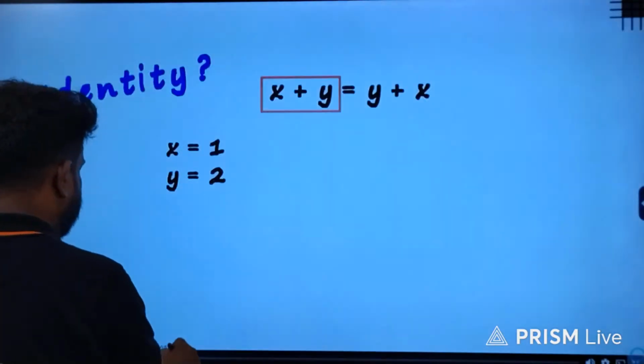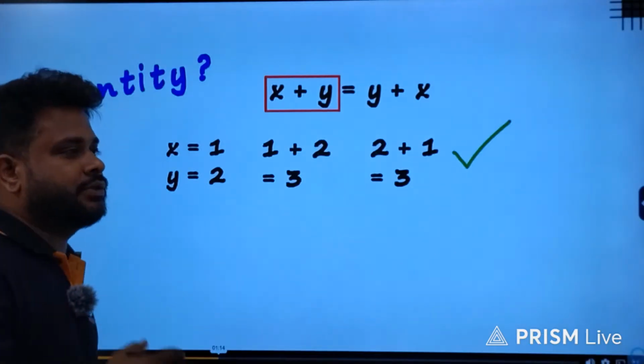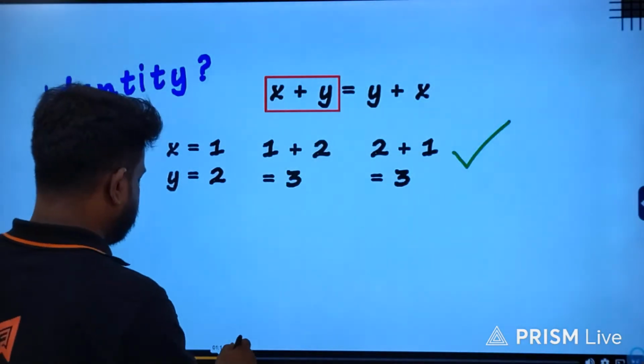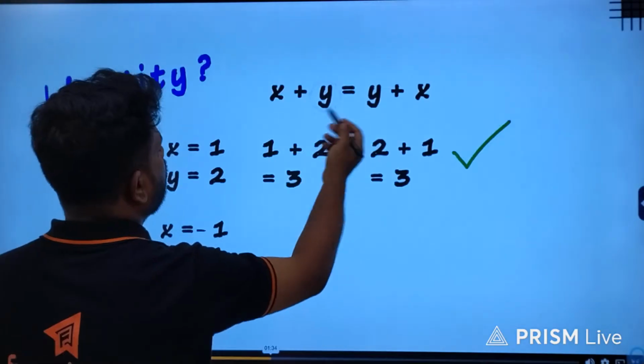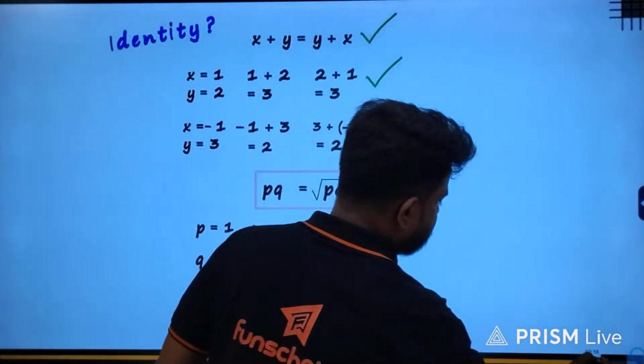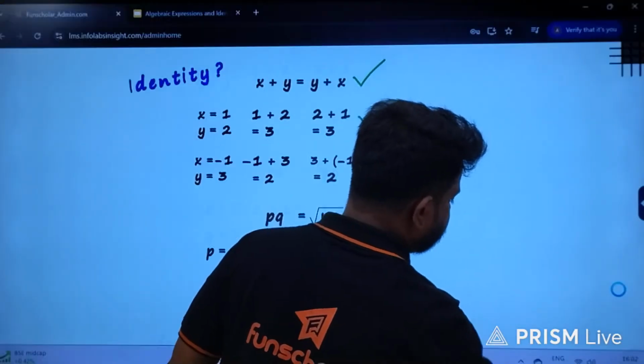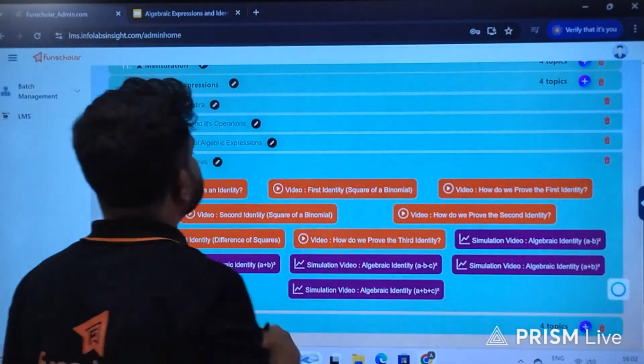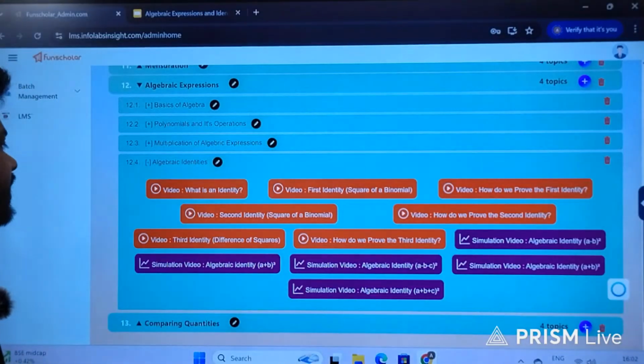Okay, so we have watched the video of what actually identity is. So identities are the expressions where both of the sides will be equal. Okay, so next thing is that what are those expressions from where we can say that these are the identities.